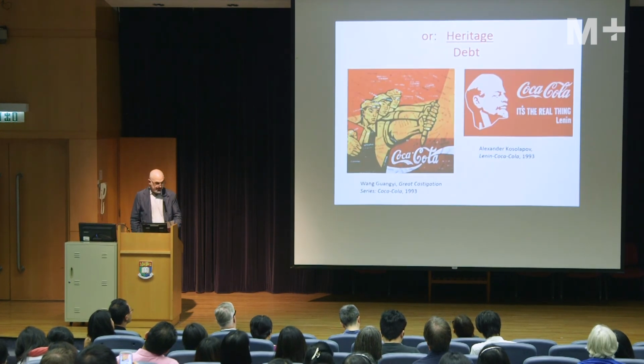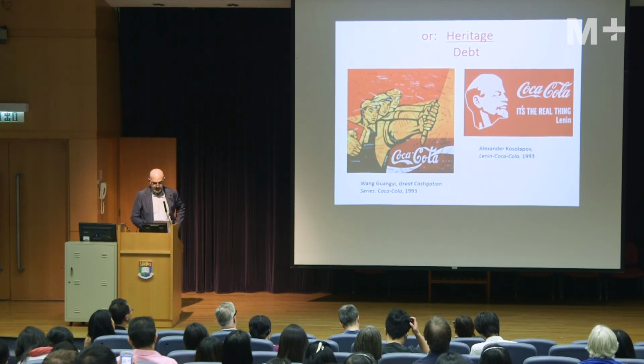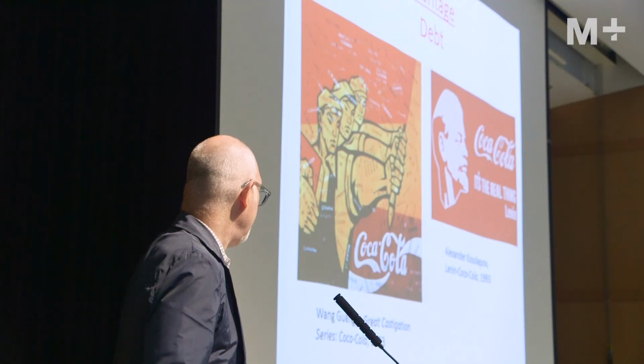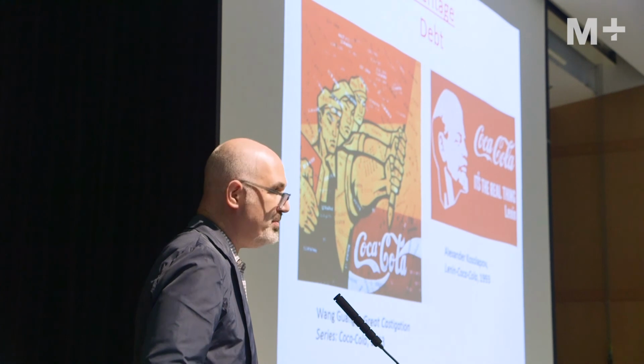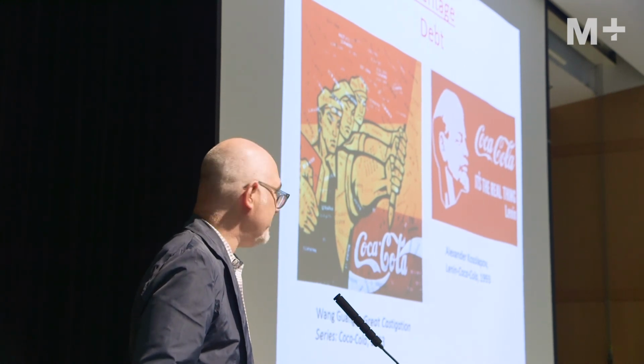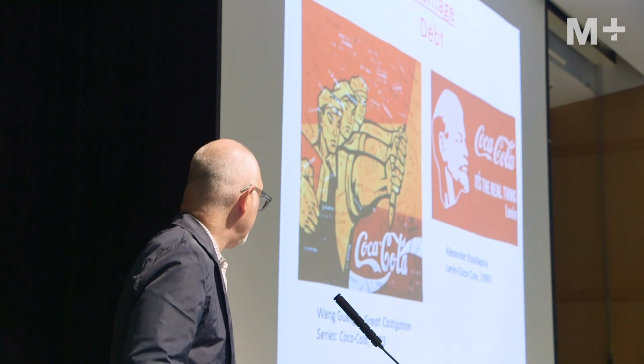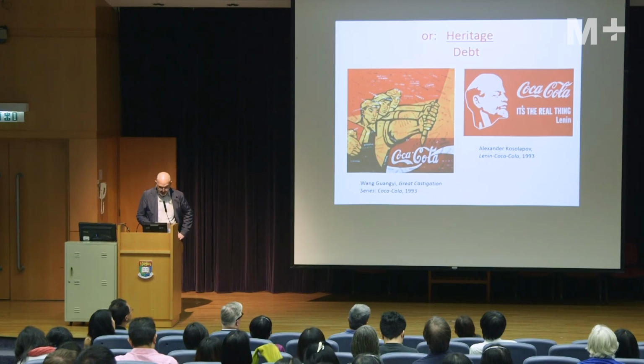What I'd like to suggest instead is that what Jameson called pastiche, we must understand as the ratio of heritage and debt. And here I'm showing you two artists who, both in 1993, Wang Guangyi and Alexander Kosolapov, both showing forms of capitalist realism, Coca-Cola, along with socialist realism, the worker and Lenin, respectively.